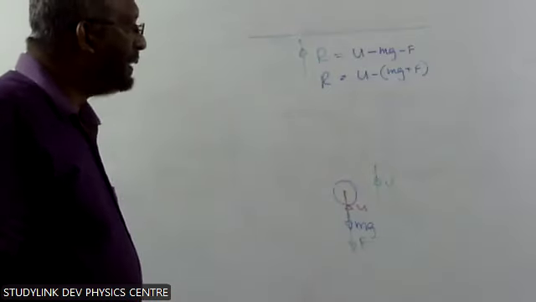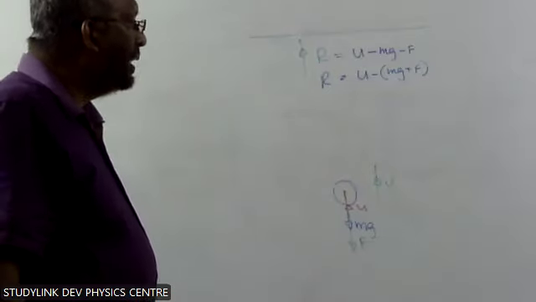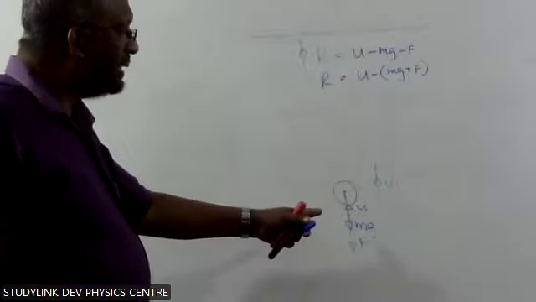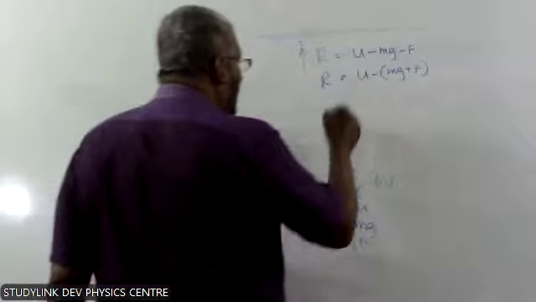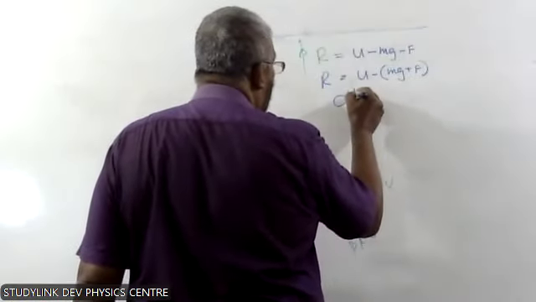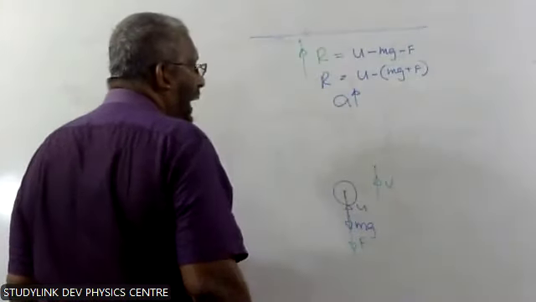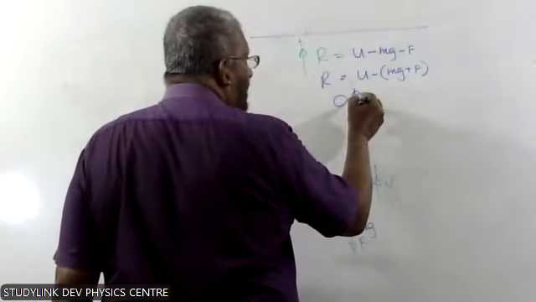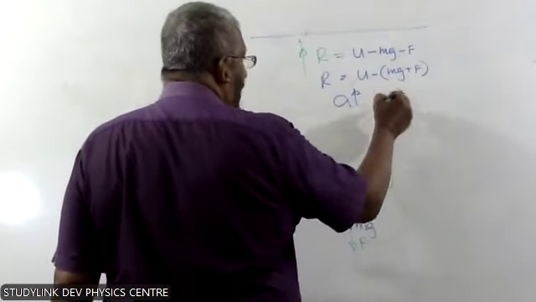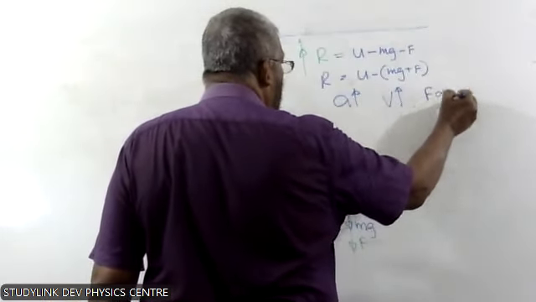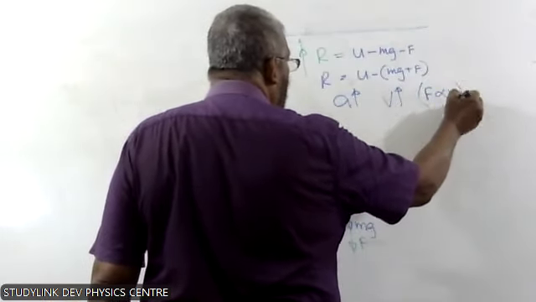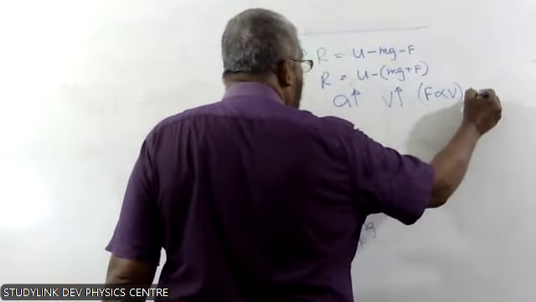Then what happens is, there is a resultant force upwards. Therefore, there is an acceleration upwards. Acceleration increases velocity, and according to Stokes' law, F is directly proportional to V. Therefore, F increases.